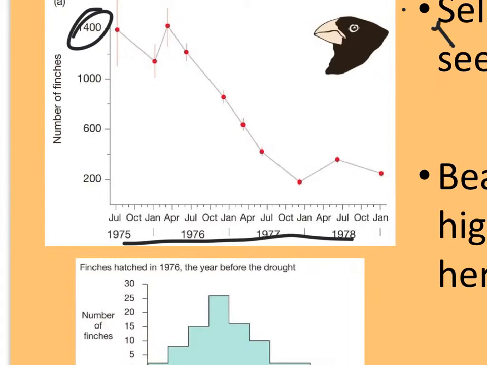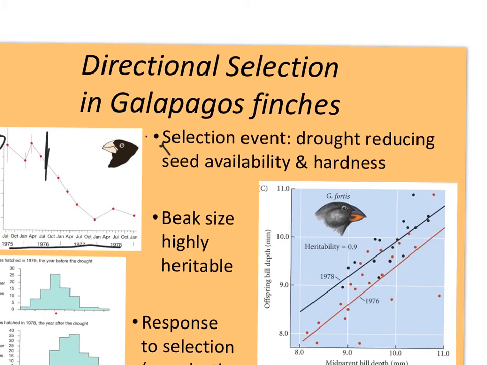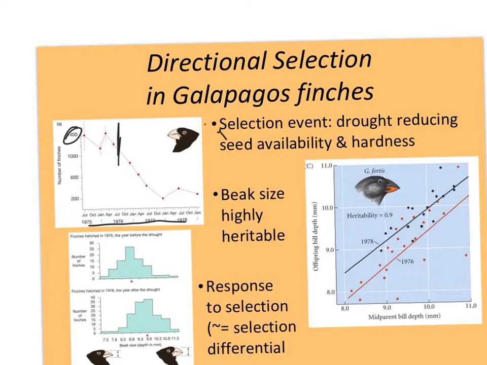The drought started right around here. It reduced seed availability, and it turns out, by the way, there's variation in beak size, and beaks were highly heritable.